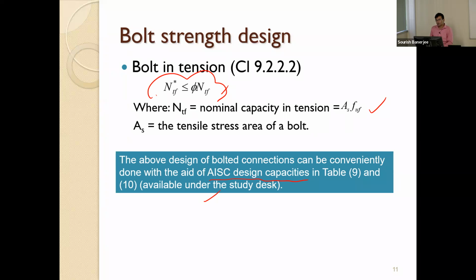The important thing is, this is much more straightforward compared to shear, because A_s is the cross-sectional tensile stress area multiplied by the nominal tensile strength. So that's much more straightforward to estimate the nominal capacity of the bolt in tension. And then you can see the applied tension force must be less than or equal to the nominal tension capacity of the bolt. And remember, it is multiplied by the capacity reduction factor.